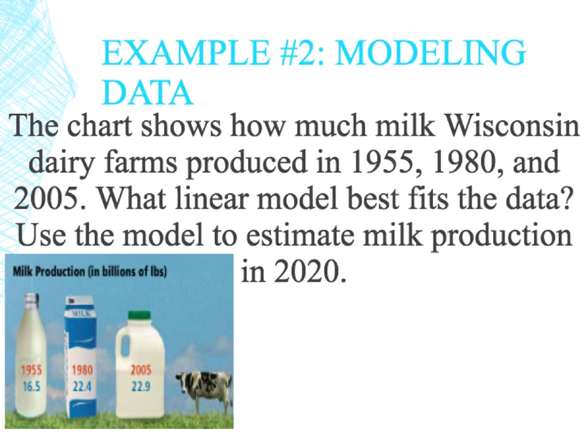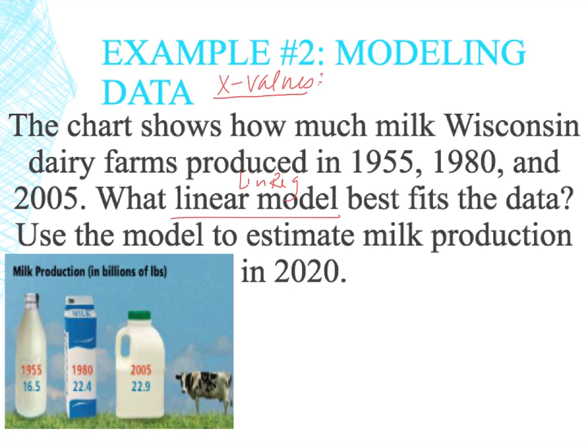Since it says linear model, we're going to use linreg. In our x values of our calculator, you have to be able to tell me what your x values represent.